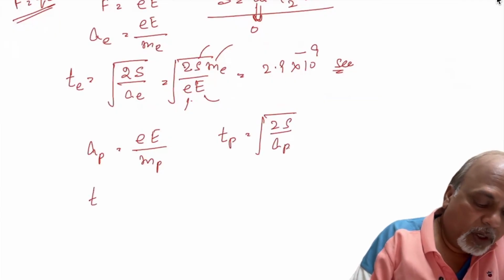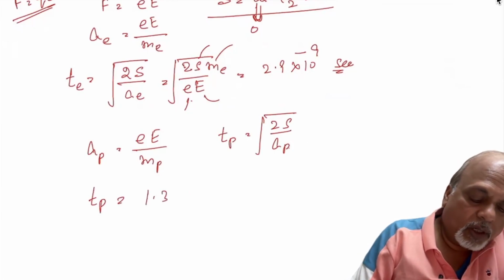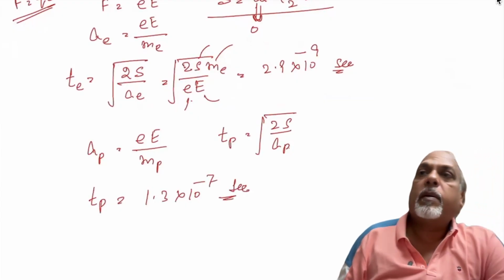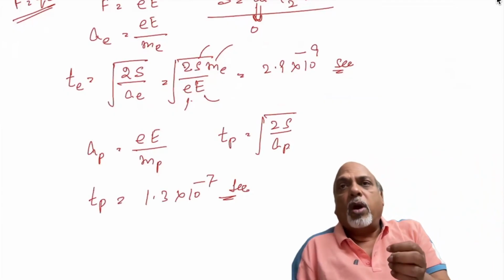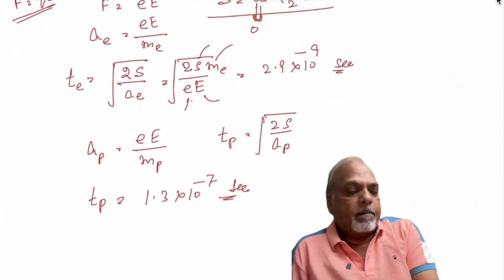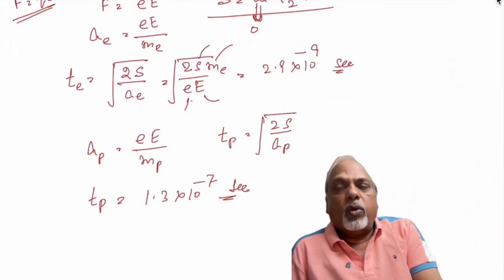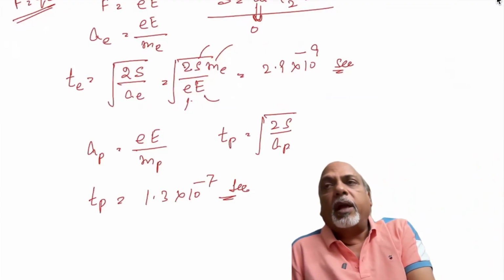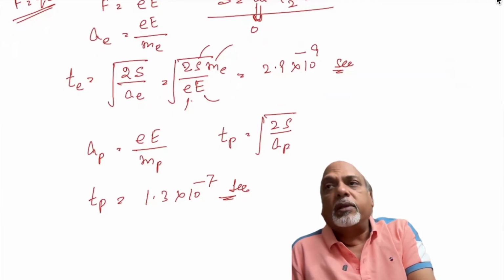So T P, if you put the value, it will be 1.3 into 10 raised to minus 7. Correct. Now, the proton is a heavier particle and it is taking more time to fall through the same distance.